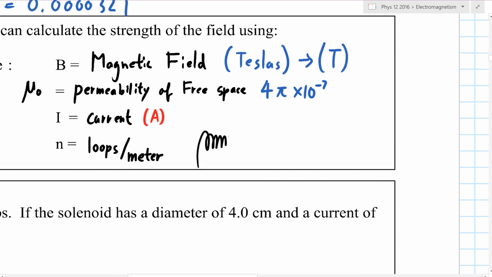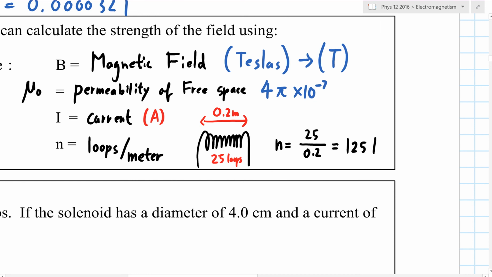So for example, if you get a solenoid like that, so let's say the length of the solenoid is about 0.2 meter, and you have 25 loops. Then little n in this example would equal 25 loops divided by 0.2, which is going to be 125 loops per meter.